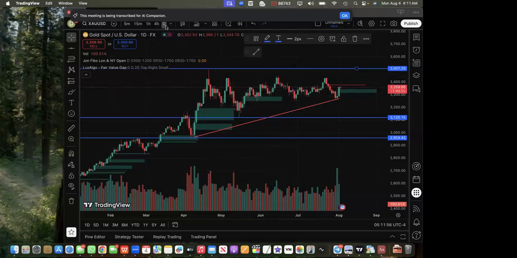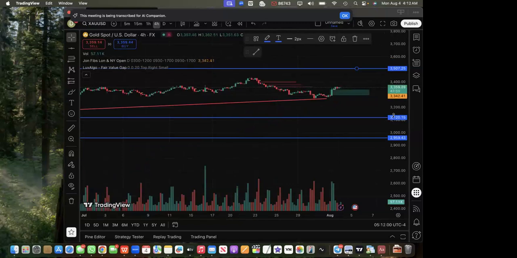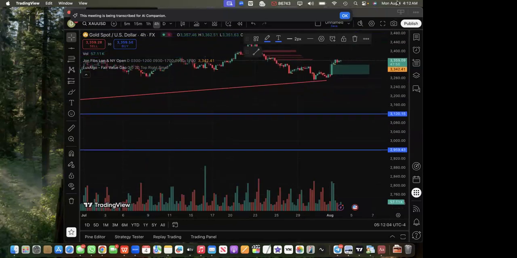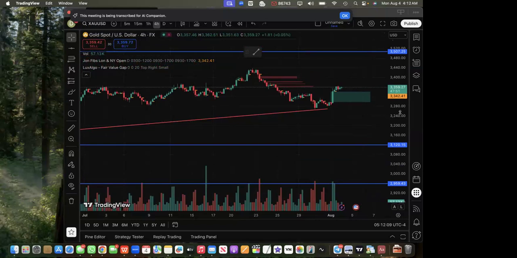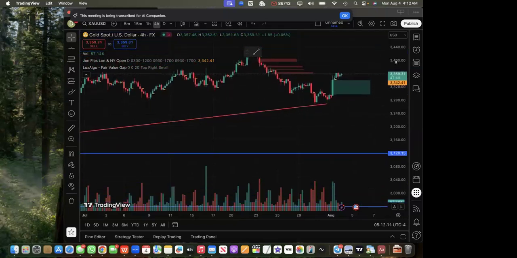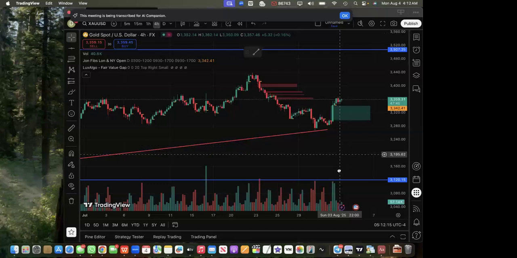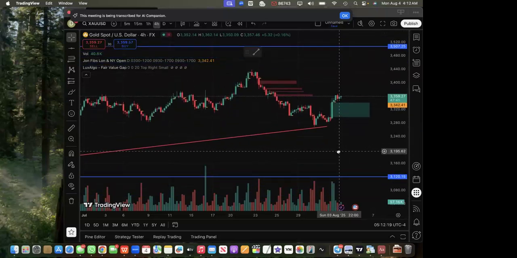Then I go down to the hourly time frame real quick. Let me try to bring my chart. Hopefully it's still making sense. Now, because we've moved down to the 4-hour time frame, this is giving us more candlesticks.